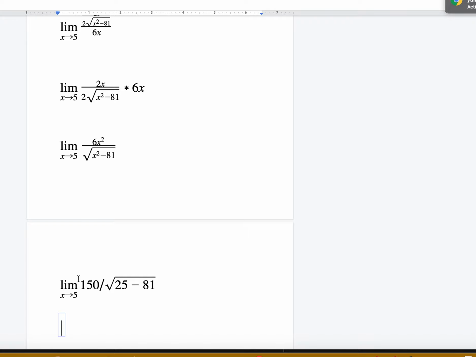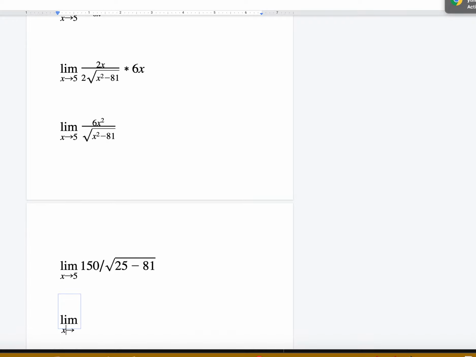The reason why the limit does not exist is because the limit as x approaches 5 results in 150 over the square root of a negative.